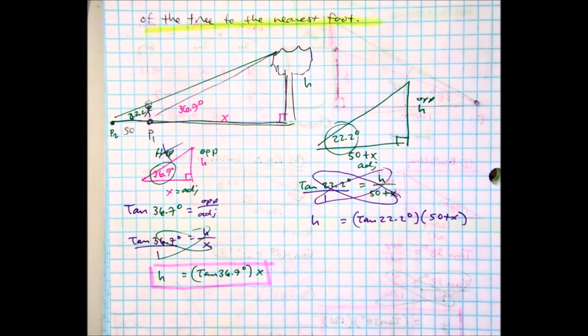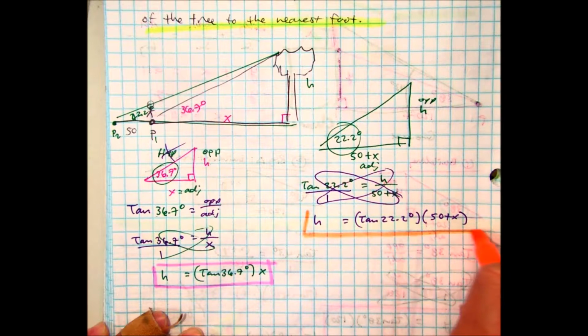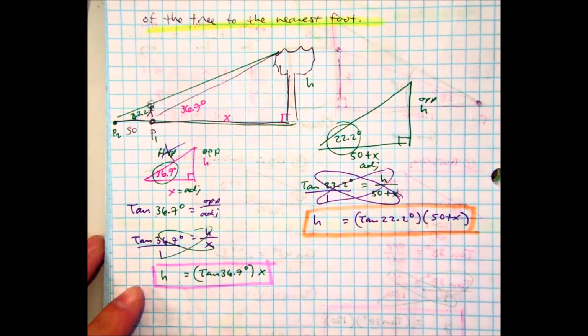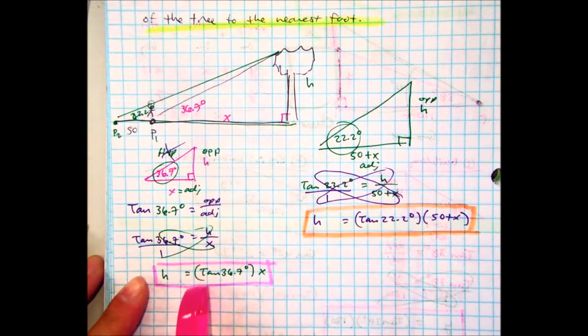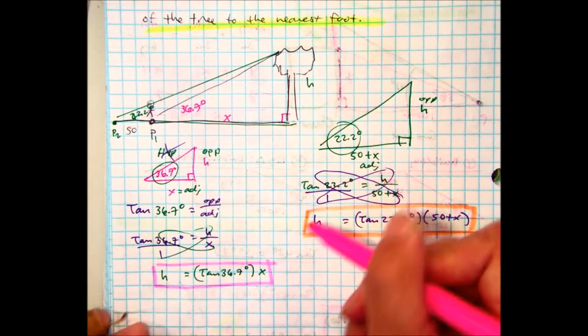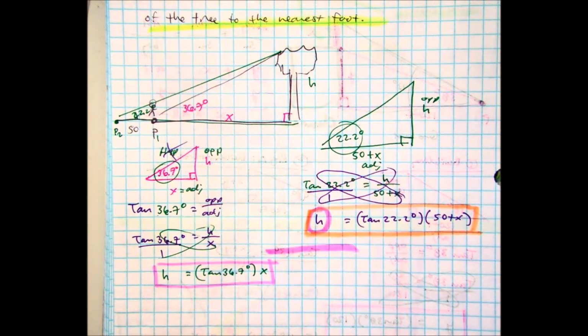Well, here's the great thing. Look at this. They're both equal to h. Every time I see h, I can write tangent of 36.7 times x. I see an h here. What can I write there?